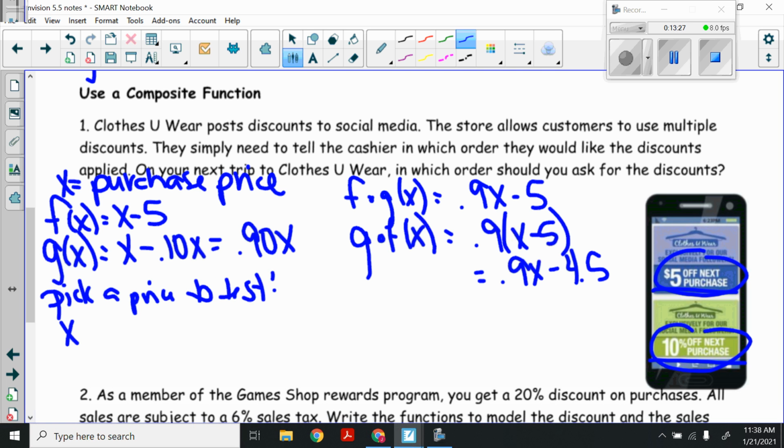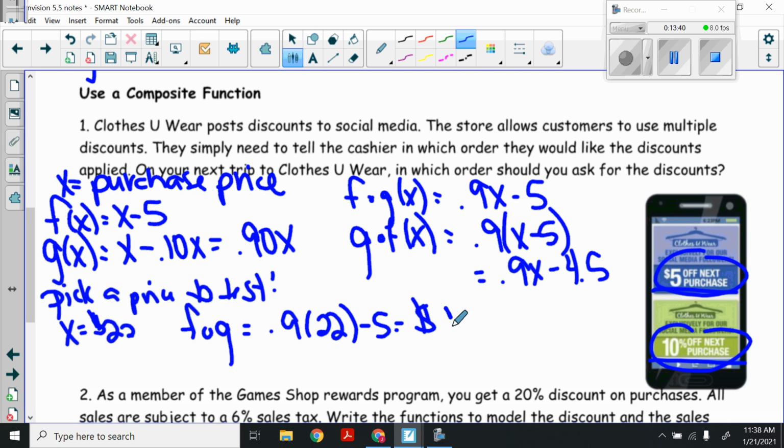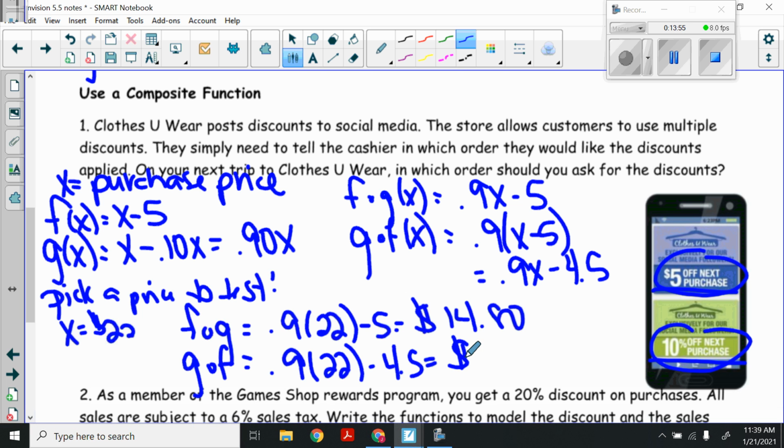Let's say our price is going to be $22. If I do f of g, 0.9 times 22 minus 5, I would get $14.80. That's what I would pay. If I did g of f, going the other direction, 0.9 times 22 minus 4.5, I would pay $15.30.